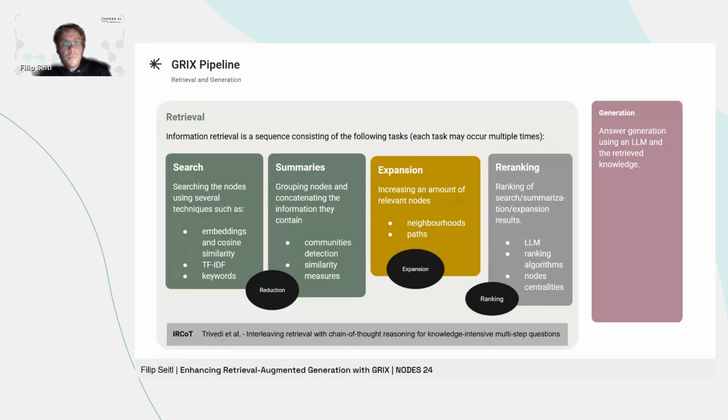You can see the retrieval as a sequence of steps. Here you have a classification of steps into 4 categories, and you can use them multiple times during your retrieval pipeline.